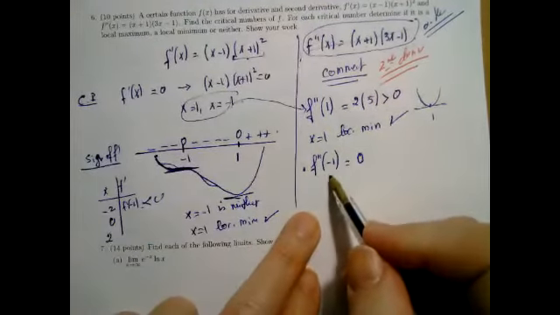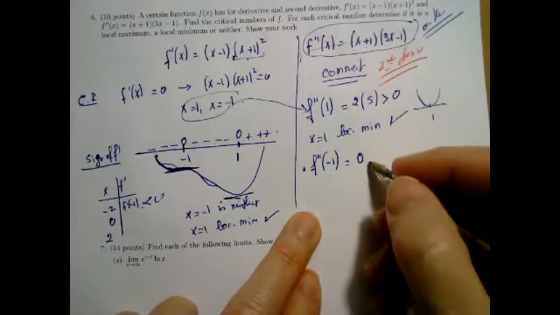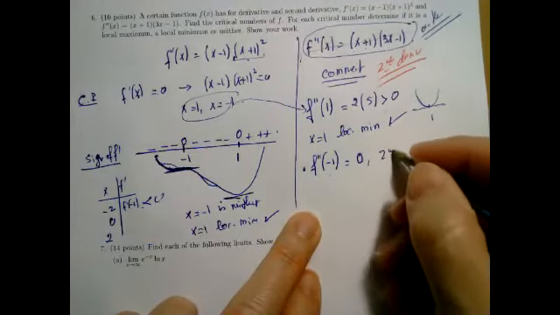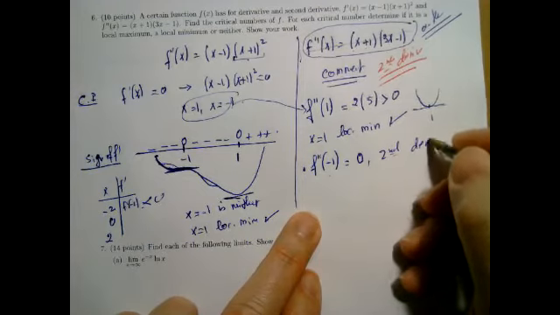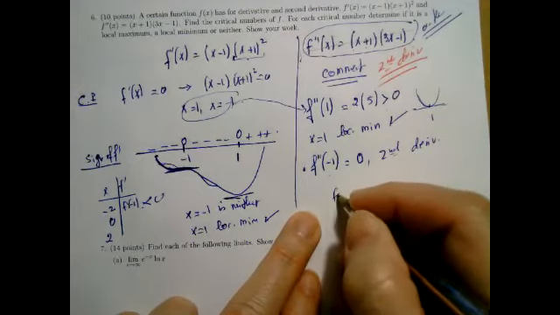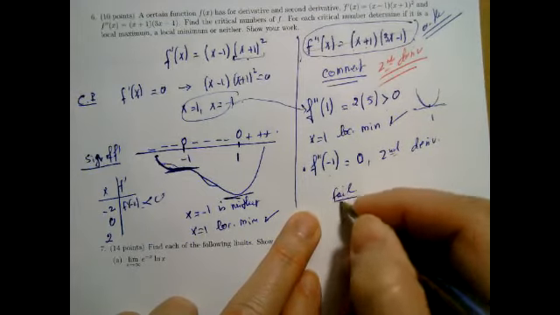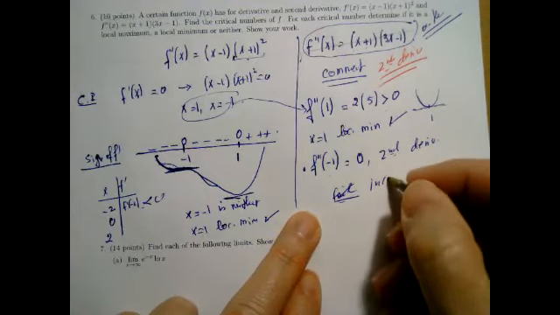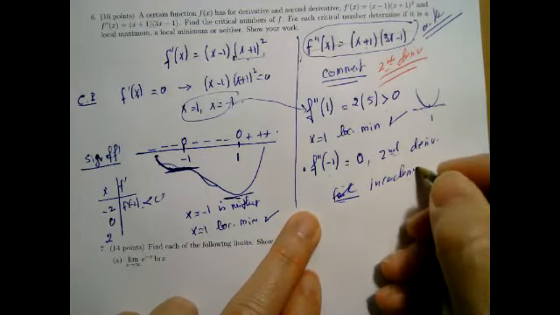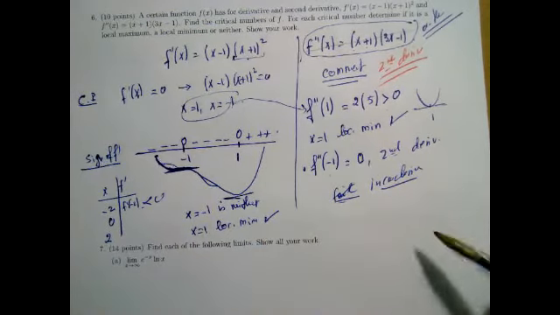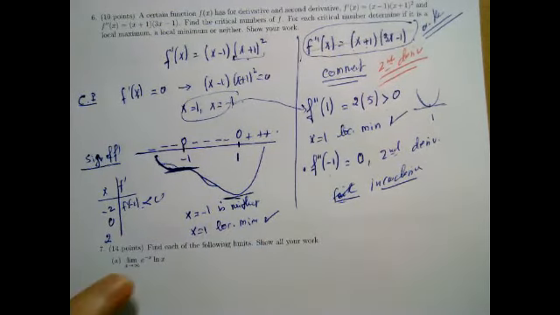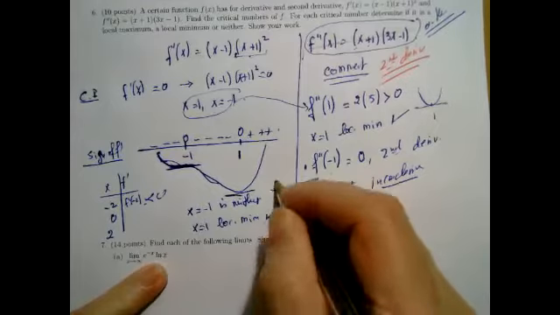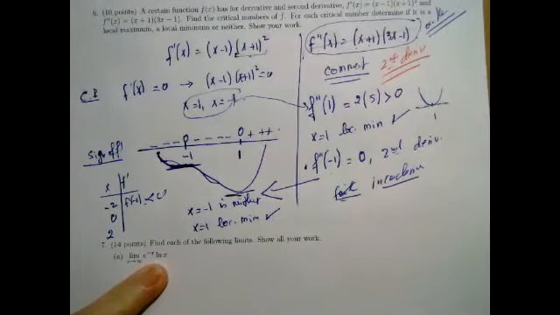If the second derivative gives me 0, it means the second derivative test failed. What do I mean by fail? Usually it's called inconclusive. Inconclusive means that the second derivative test does not really give me the information I need. I have to back up in this situation.